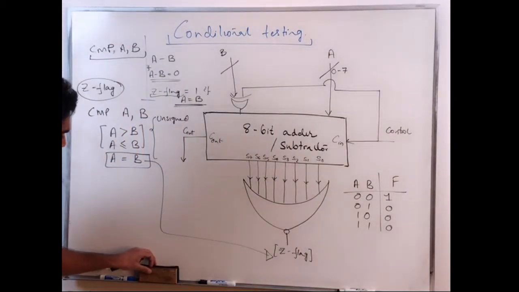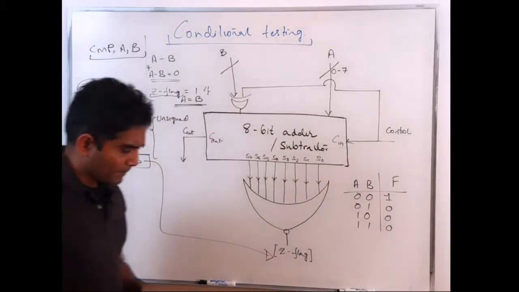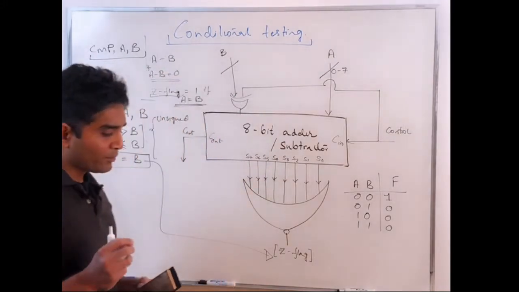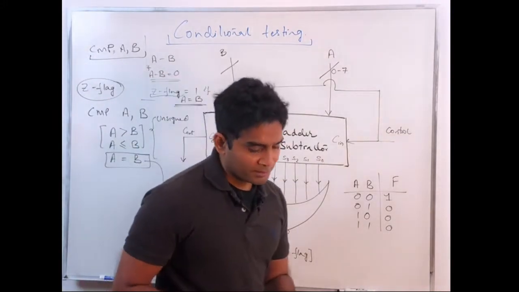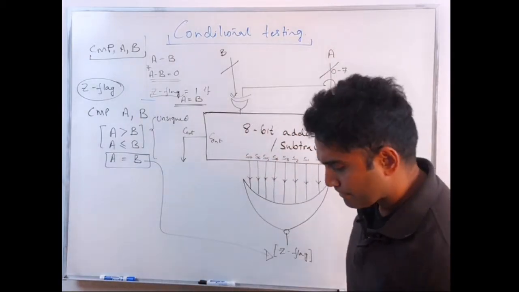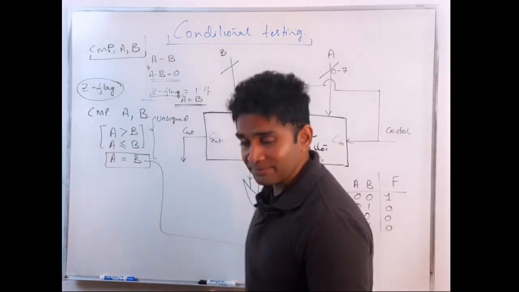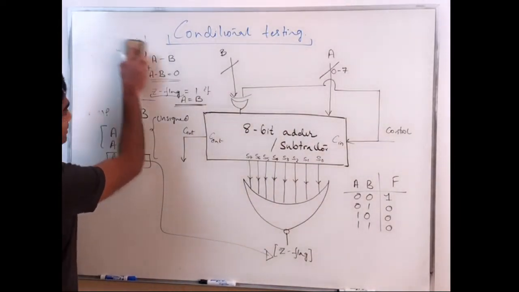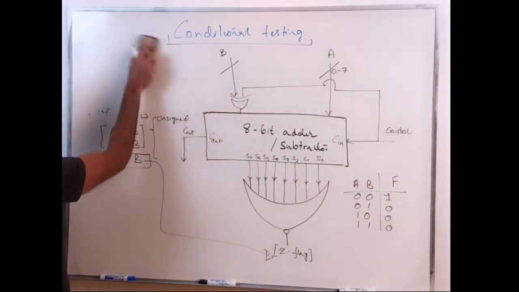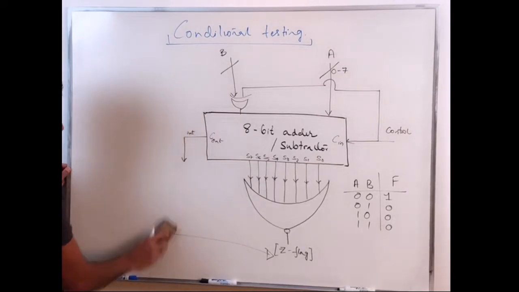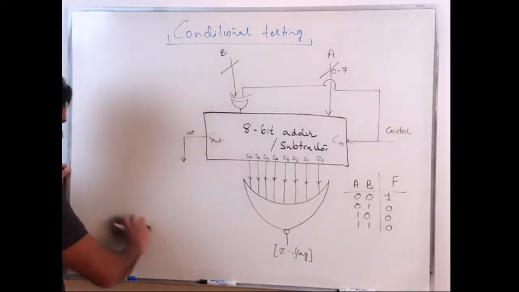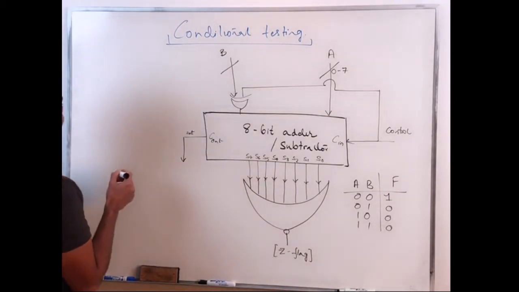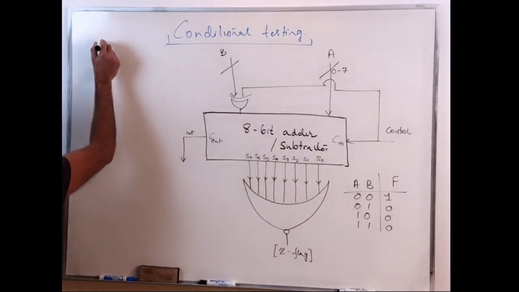Just to give you a flavor of assembly language code, let me do this so that it may help bring things into perspective. So the way I write an assembly language code is this is how I do it.